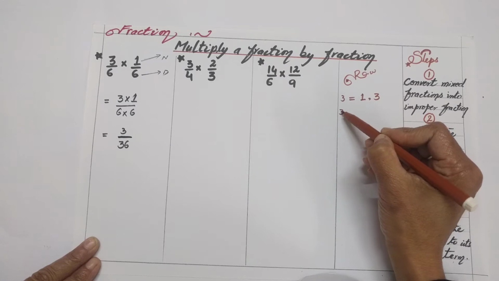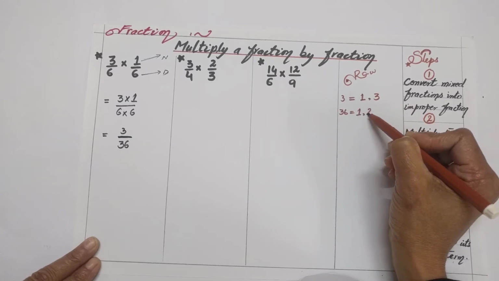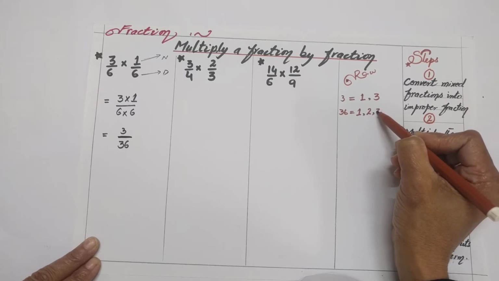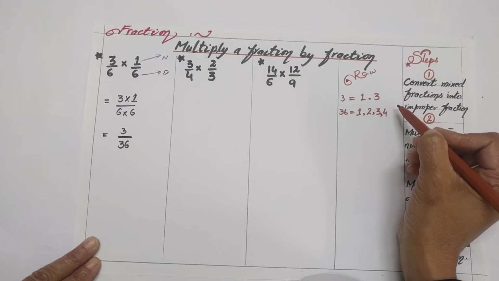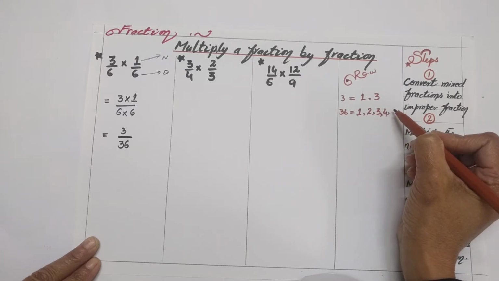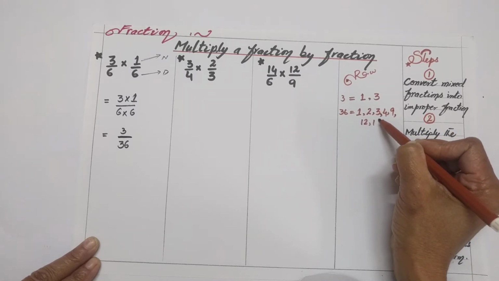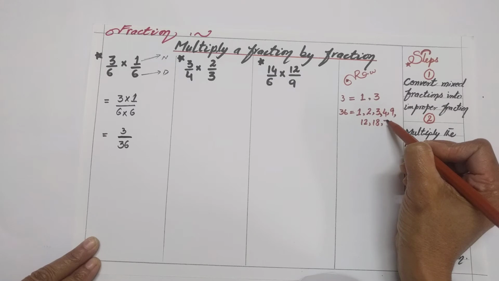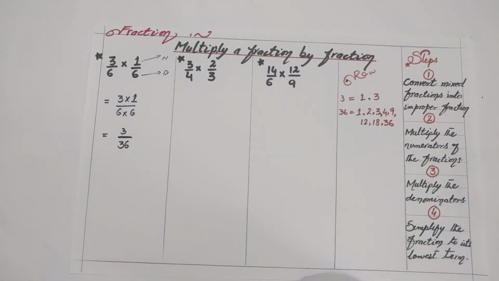What are the factors of 36? 1 is a factor, 2 is a factor, 3 is a factor, 4 is a factor, 9 is a factor, 12 is a factor, 18 is a factor, and 36 itself is a factor. So there are many factors of 36.